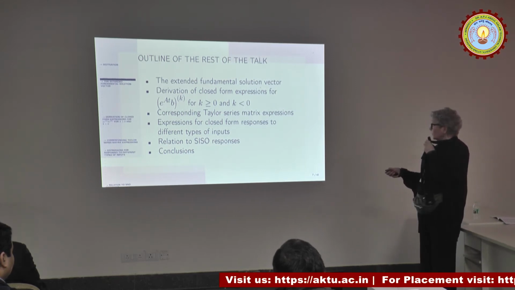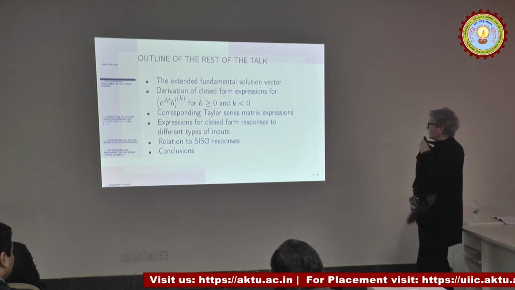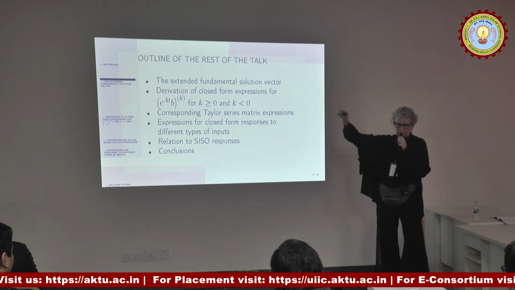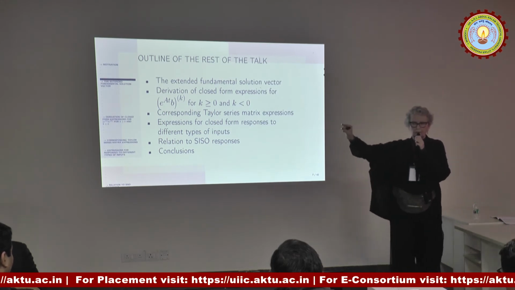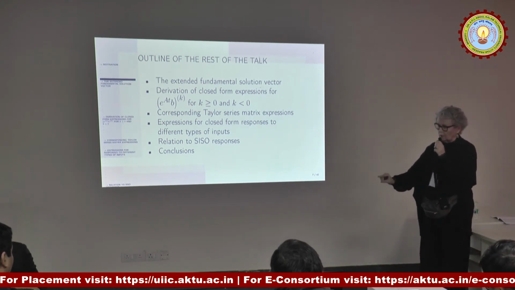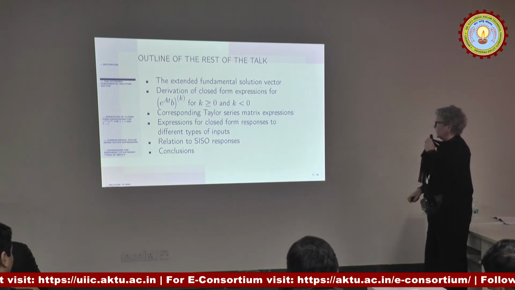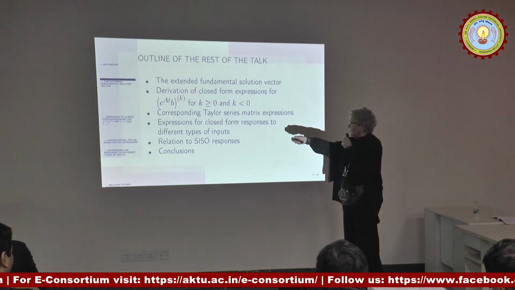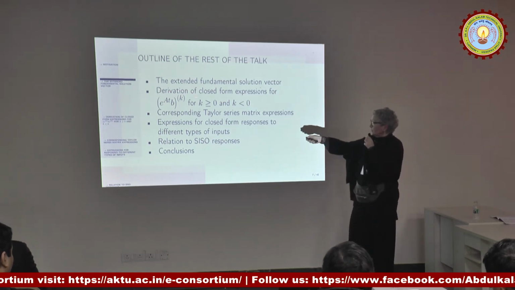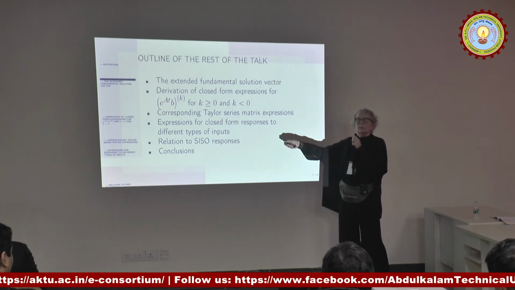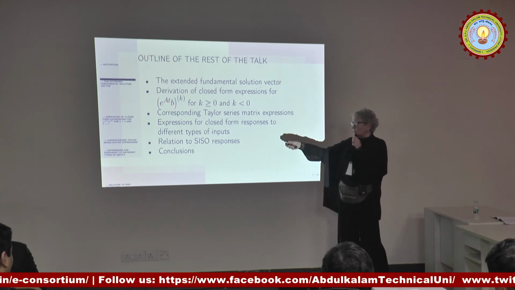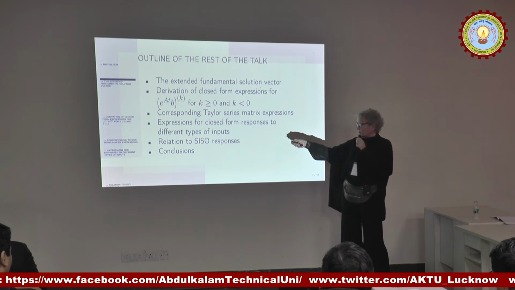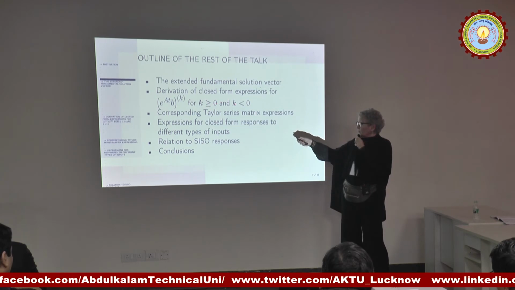So the first thing we'll do is the extended fundamental solution vector. It includes the fundamental solution, its derivative, second derivative, all the way up to the n-1 derivative. Once we have that, we will derive a closed form expression for e to the power At, then e to the power At times B, and then its derivative for positive k and for negative k.